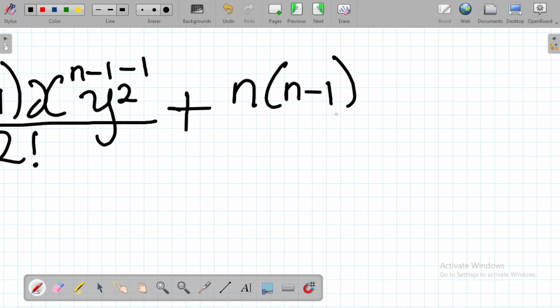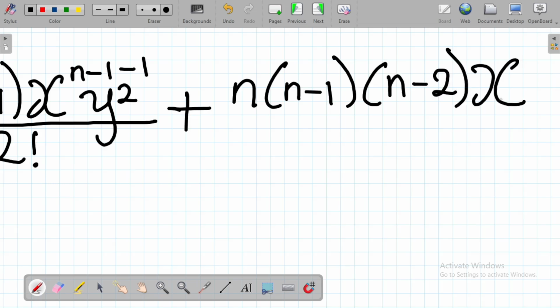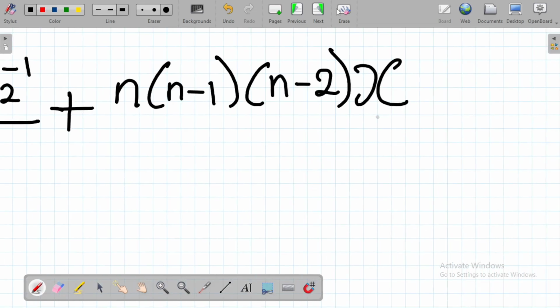So we have here n - 2 multiplied by x, and then x is raised to power n - 3, because n - 2 minus 1 is n - 3.